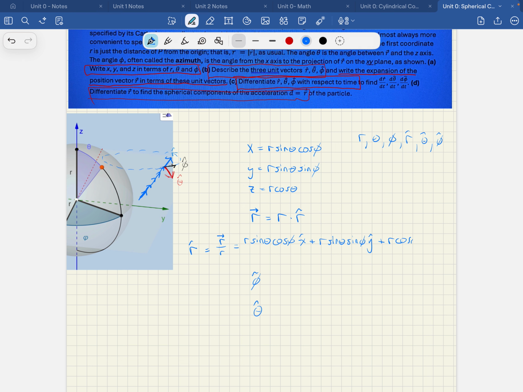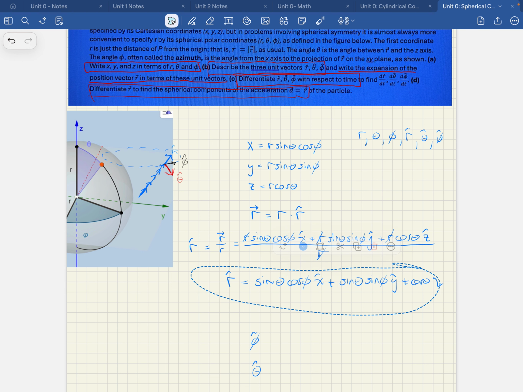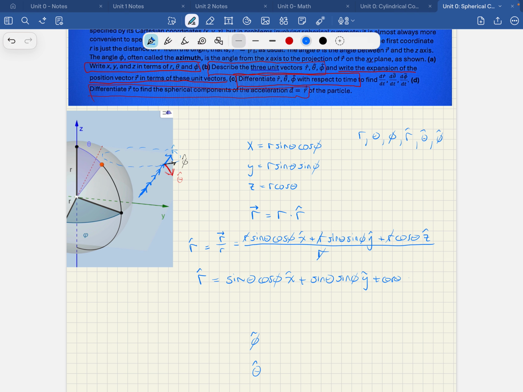Plus r cosine theta z hat, all of that divided by r, and the r's cancel, and we get our expression for r hat. r hat is equal to sine theta cosine phi x hat plus sine theta sine phi y hat plus cosine theta z hat. I'll go ahead and put a box around that. Seems like it's going to be important.